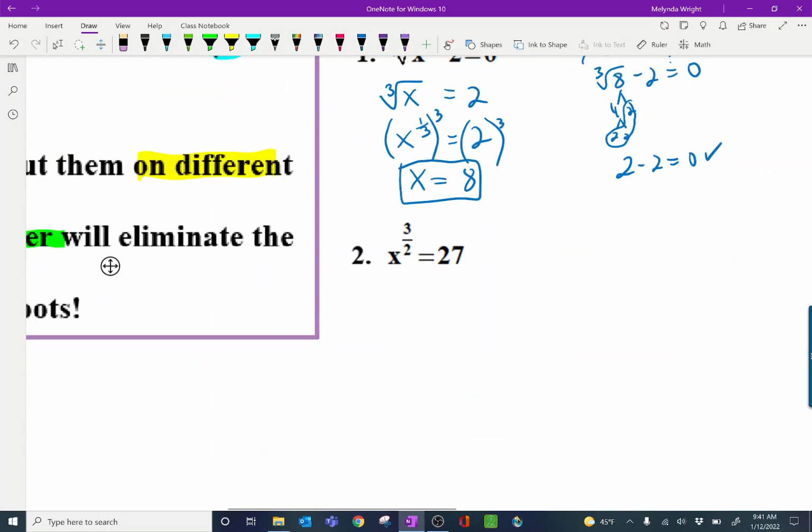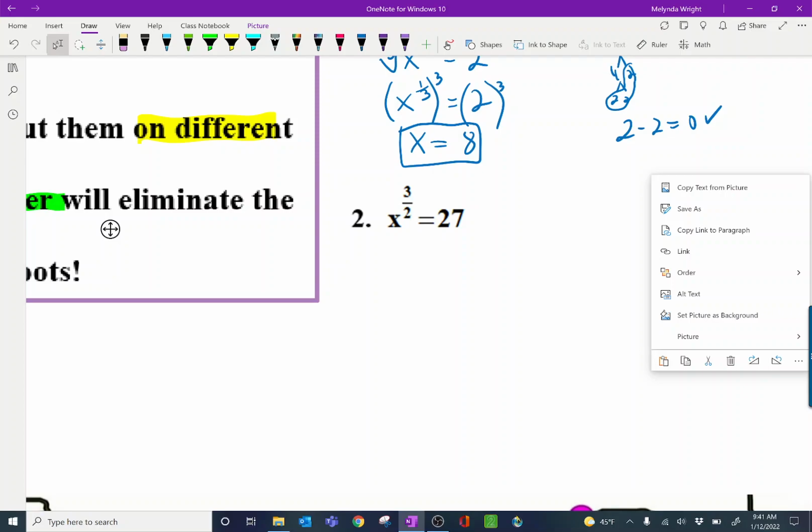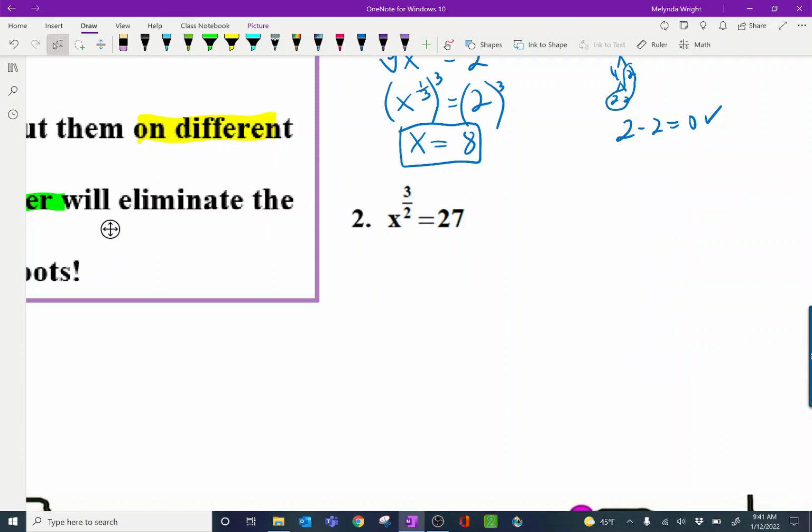All right, so let's look at our second problem. This one is already written in exponential form, and so it's already isolated, so great. Step 1 is done for us. Now our job is to figure out what should we raise each side to. Let's see, what would I multiply 3/2 by to get 1?